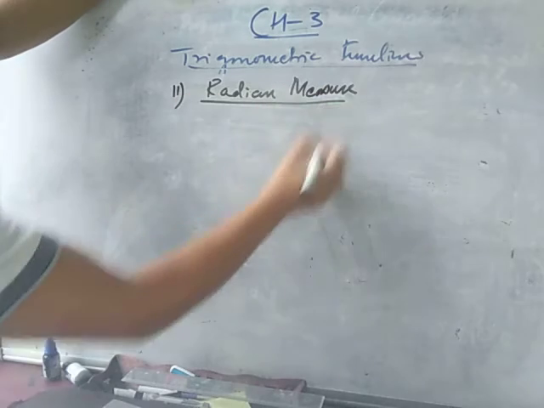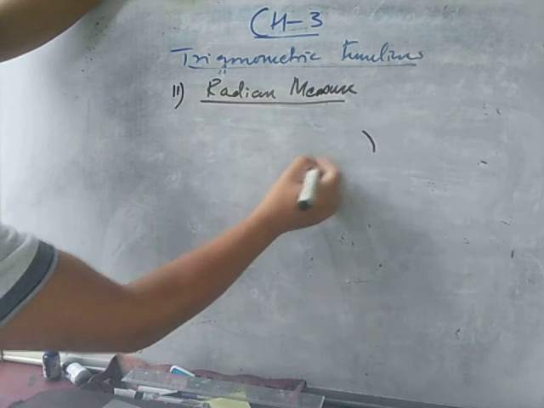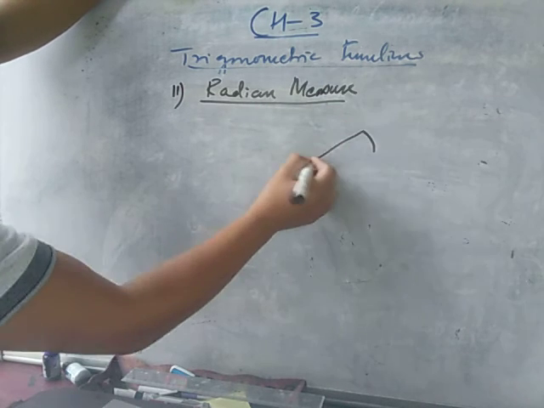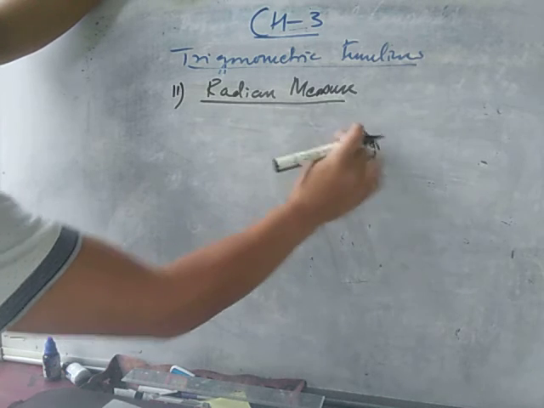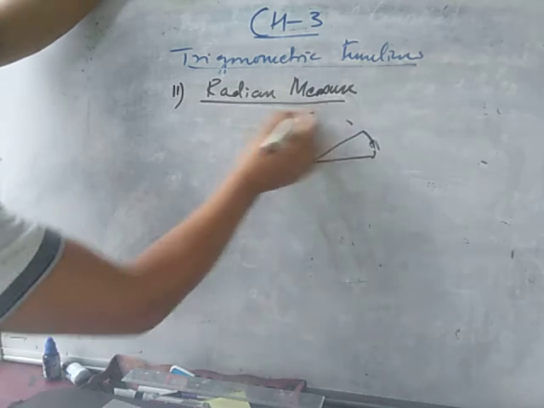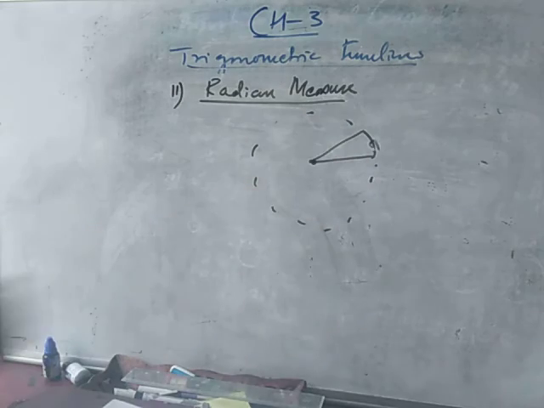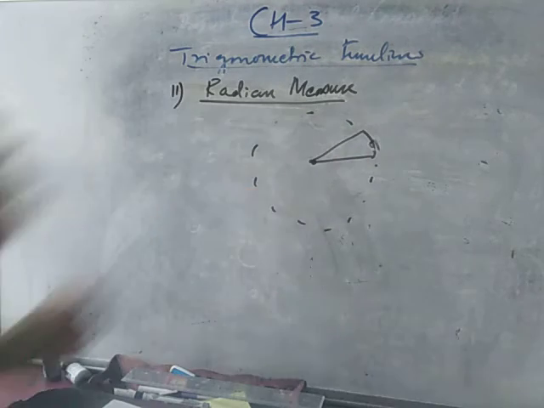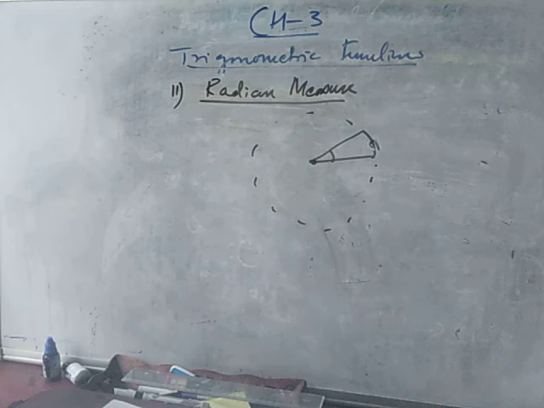Radian measure is nothing but the arc of a circle subtending some angle at the center of a circle, isn't it? This is your arc, and this is the center of the circle. So the arc of a circle subtends some angle at the center, and this comes in radian measure.